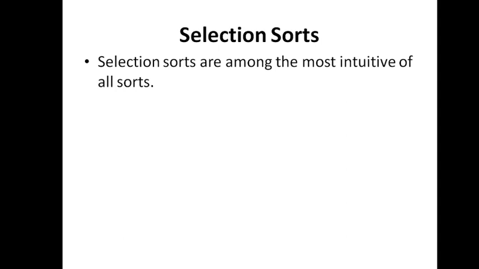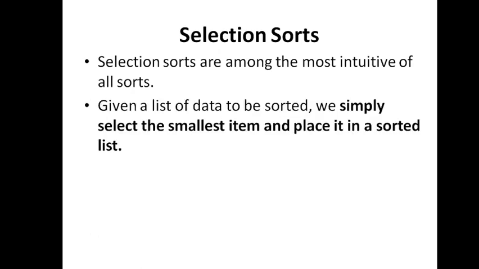We will see how it actually orders the elements in either ascending or descending order, and we will be discussing the ascending order way of sorting the elements. Selection sort is one of the most intuitive of all sorts. It's very simple to implement and understand. Given a list of data, the idea of selection sort is to select the smallest item and place it in the sorted list.